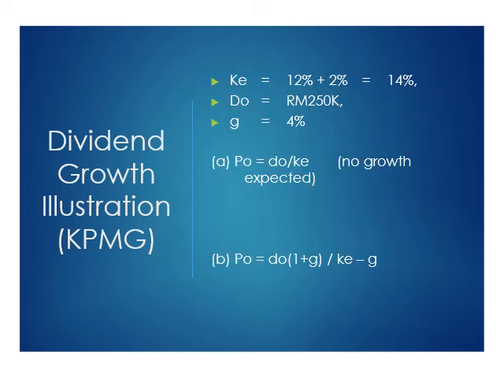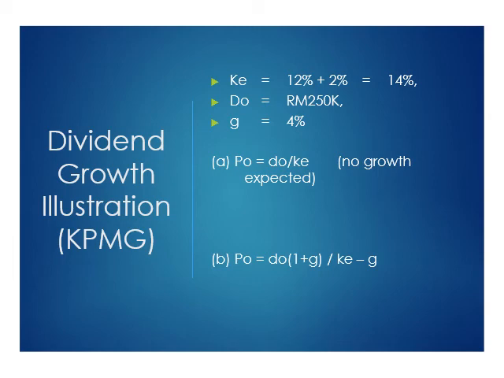For this illustration, we have the required rate of return to be 14%, with additional 2% representing additional risk. We also have a D0 of 250,000 ringgit and a growth rate of 4%. This represents the dividends in 1 year time, or D1.